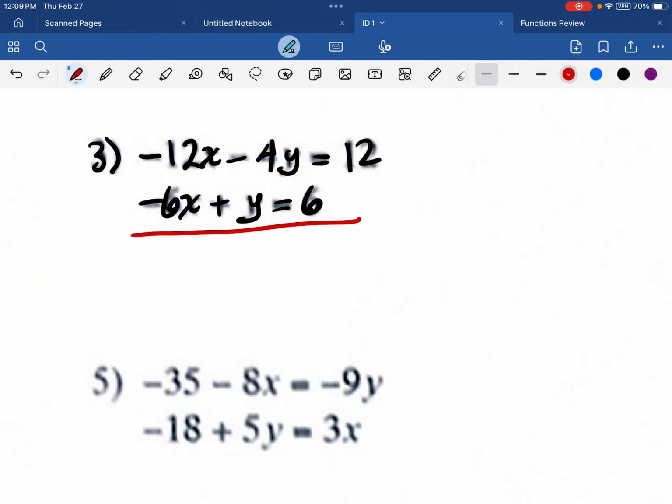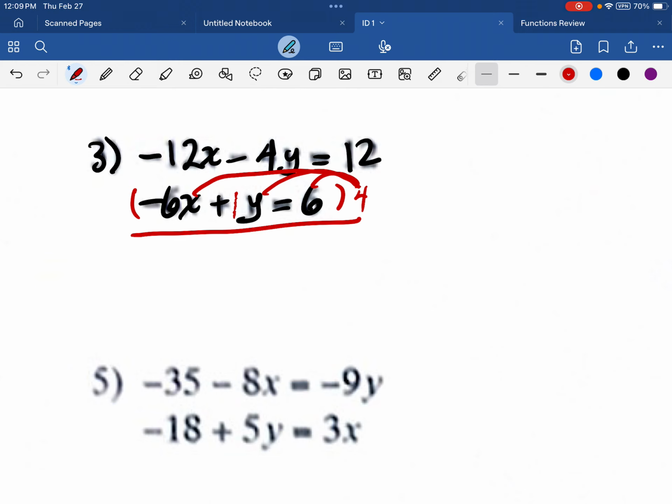Right now, what's in front of this y is a secret invisible 1. Is there anything I can times by 1 that will equal positive 4? 1 times 4 is positive 4. So I wonder if I times this equation by 4, if I'll end up having a letter that cancels. Let's give it a try.